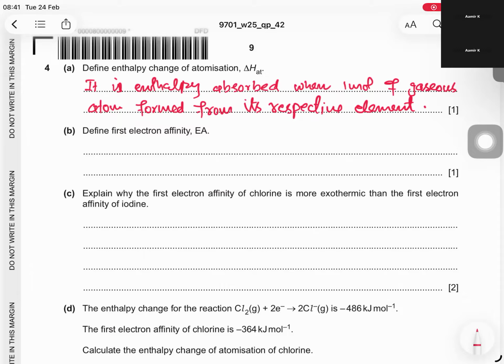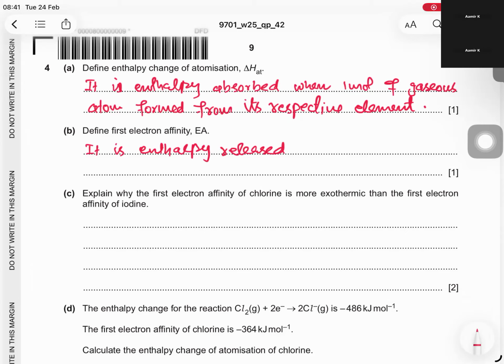Enthalpy change of electron affinity. It is the enthalpy change. Yes, it is the enthalpy released, as it's the first only, okay?